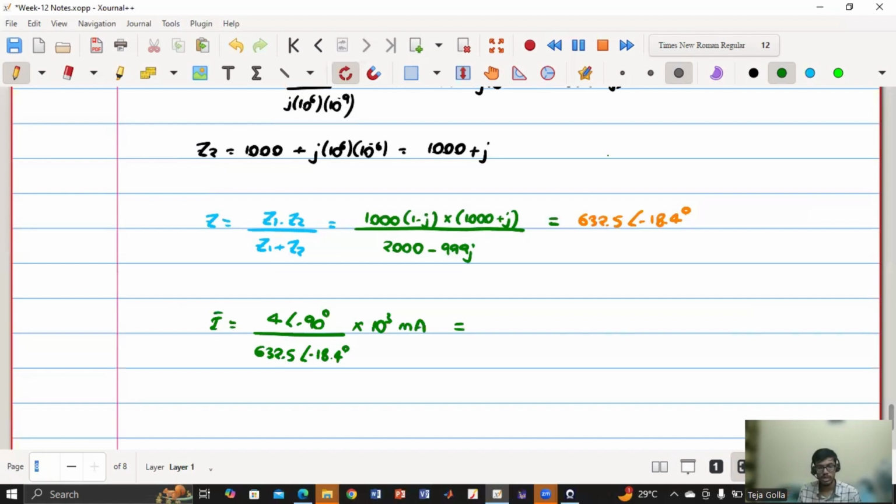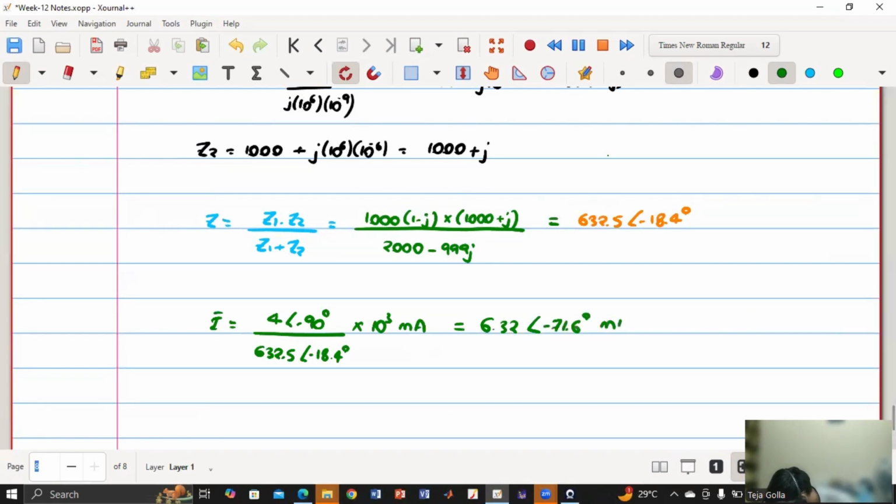It is 4000 by 632.5, so 6.32 milliamperes, angle minus 90 plus 18.4, which is minus 71.6 degrees.